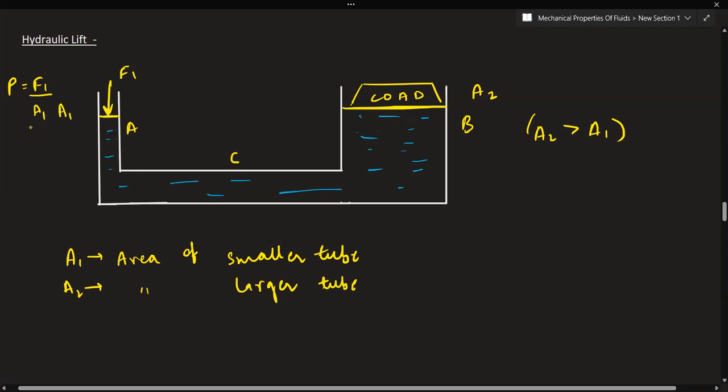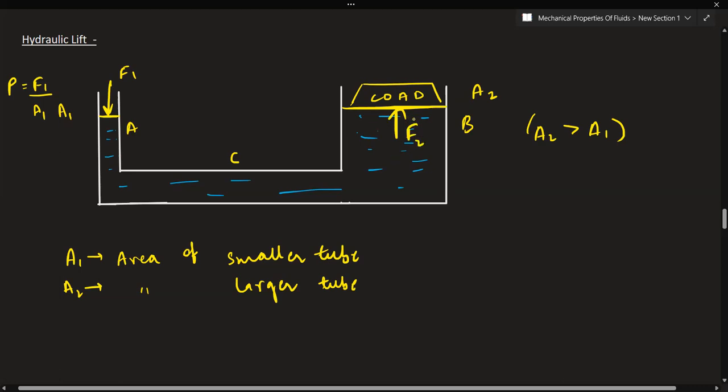According to Pascal's law, this increased pressure is transmitted to every part of the fluid, every part of this liquid, including this piston B. So this pressure F1 by A1 or P is exactly exerted on B as per Pascal's law.